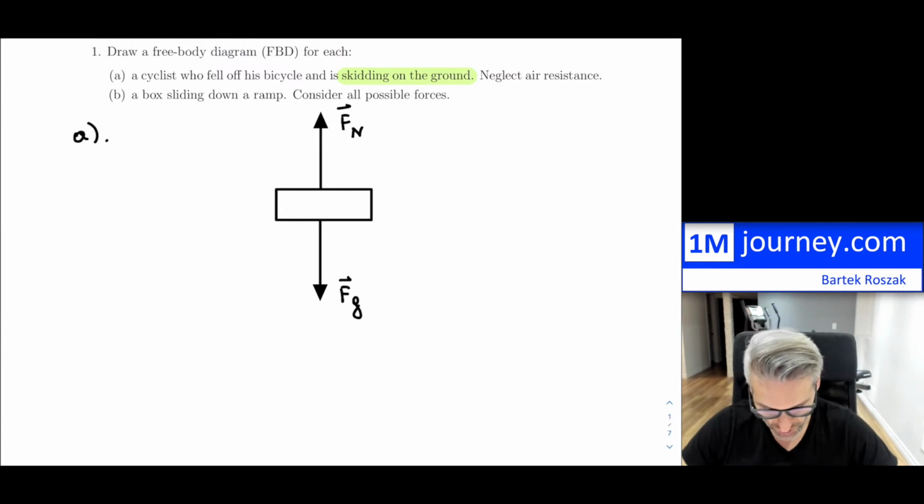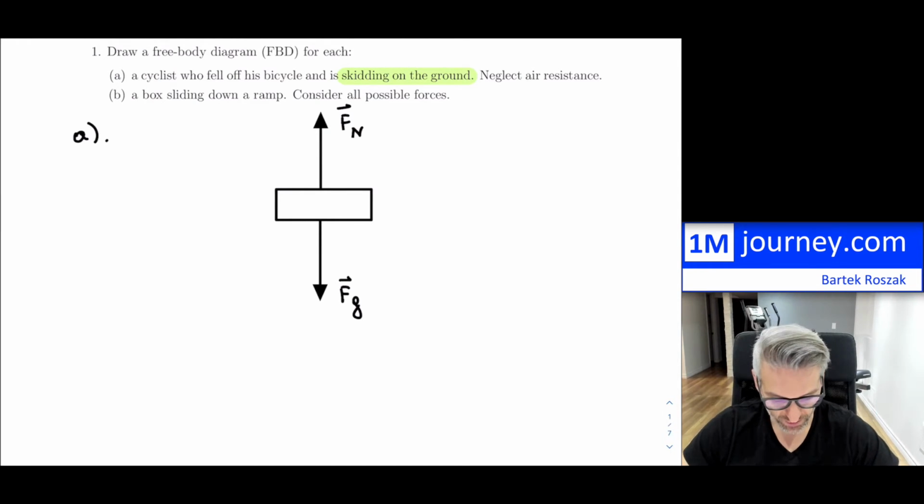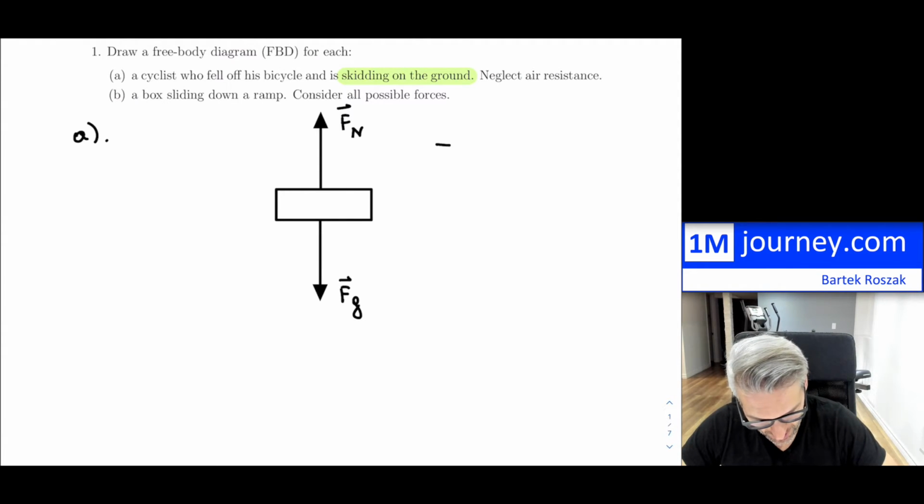Then what you have is you're going to have to put all your horizontal forces. Now the only horizontal force that we have here, because you have a cyclist skidding and we're neglecting air resistance, although even if we had air resistance, both of them are going to be against motion. So you have to pick, here it doesn't say, which way this particular cyclist is moving.